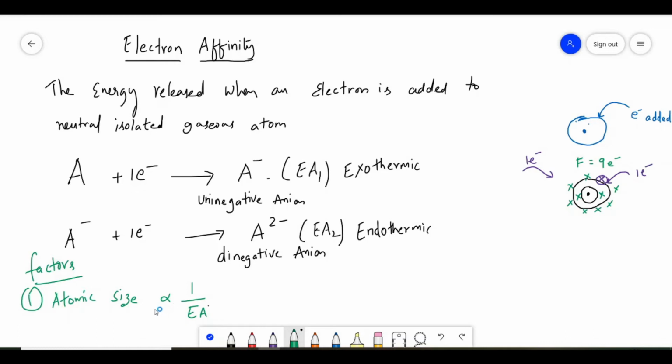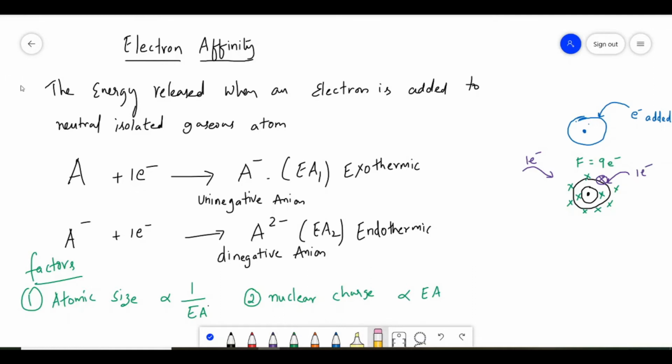If size is more, electron affinity is less. The second point is nuclear charge. Nuclear charge is directly proportional to electron affinity. If nuclear charge is more, nuclear attraction is more, and the electron can be easily taken by the atom.